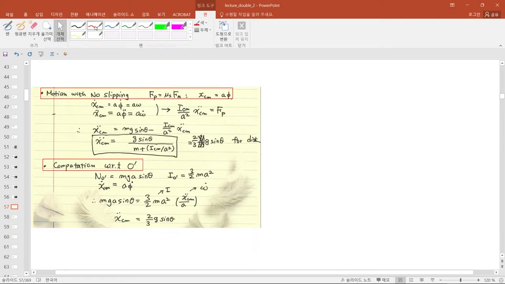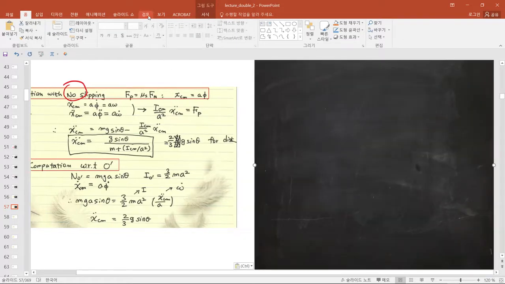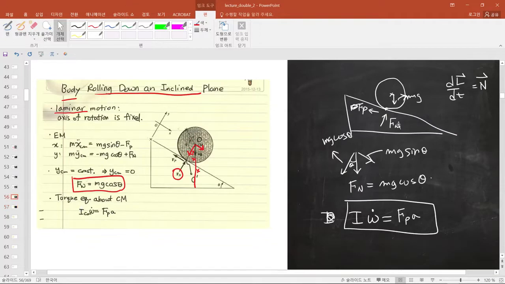Now, consider motion with no slipping. What is the condition for no slipping?